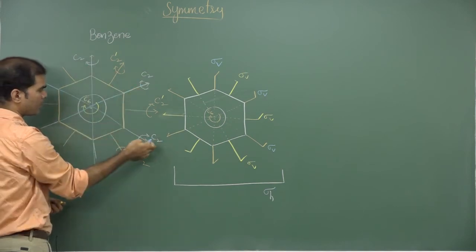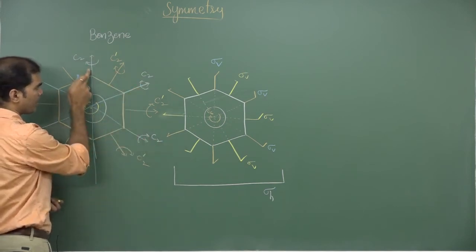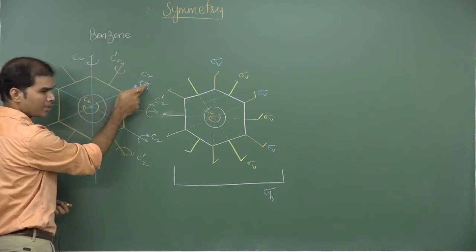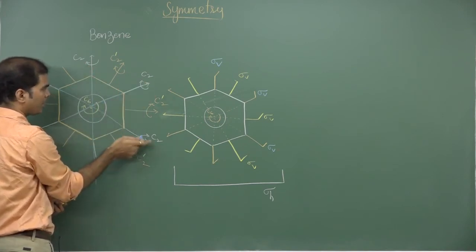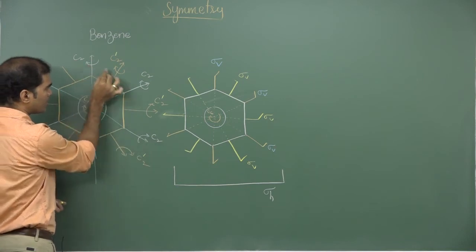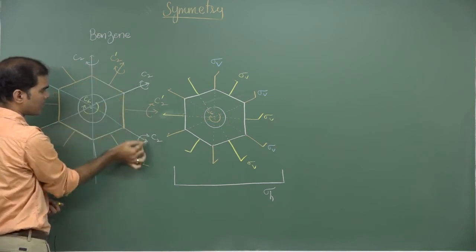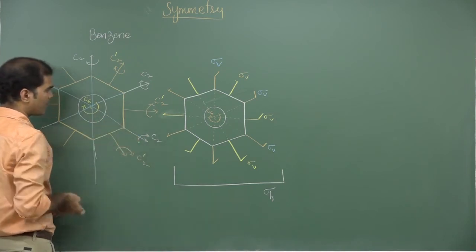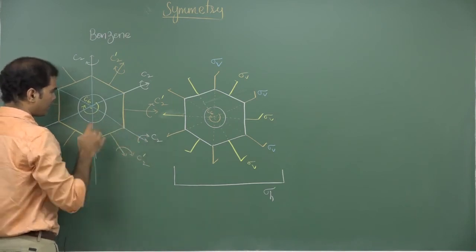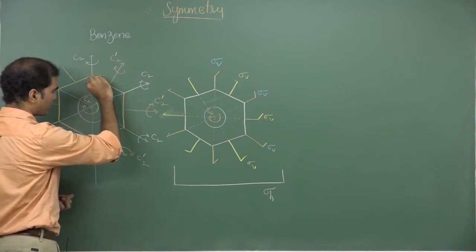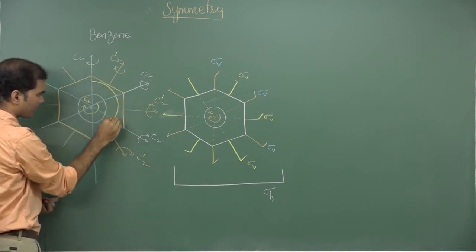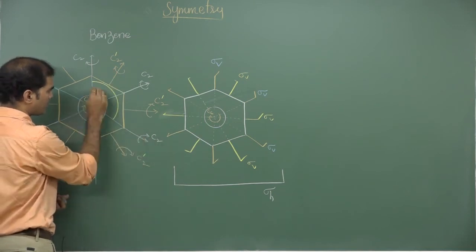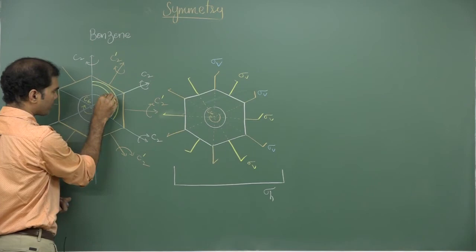Whatever angle is present between two similar C2s, these are similar and these are similar, and consecutive C2s. Consecutive means one after the other. In this case, I may take from here to here, or I may choose an angle from here to here.